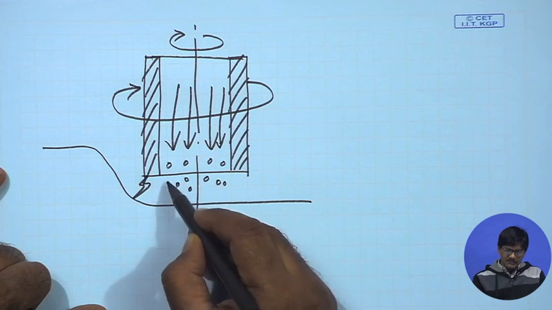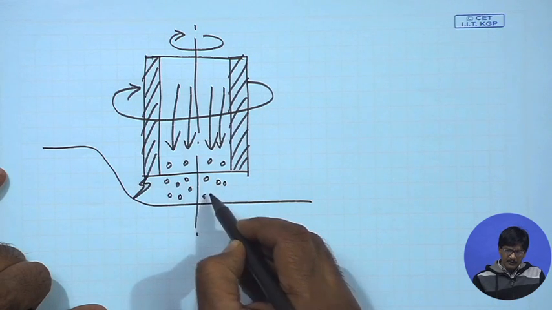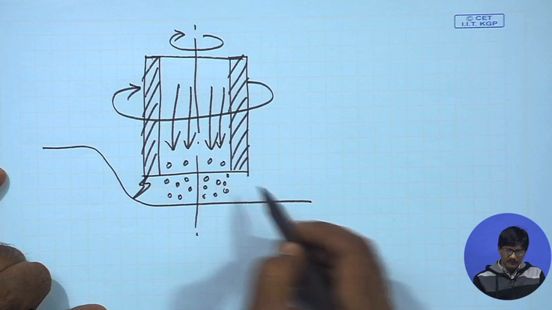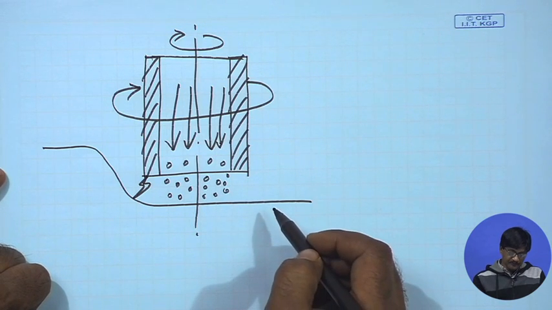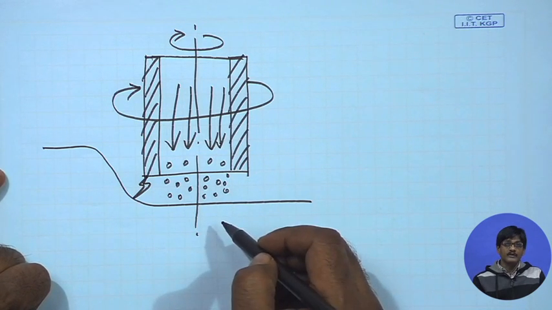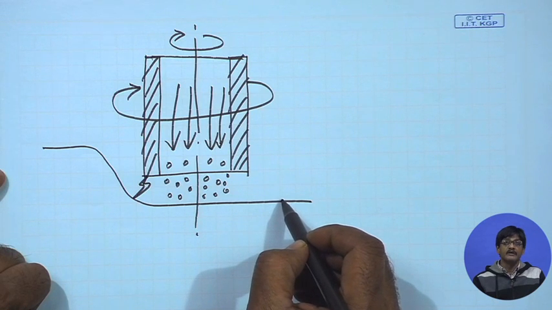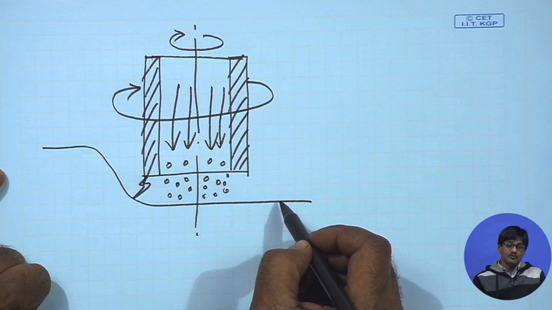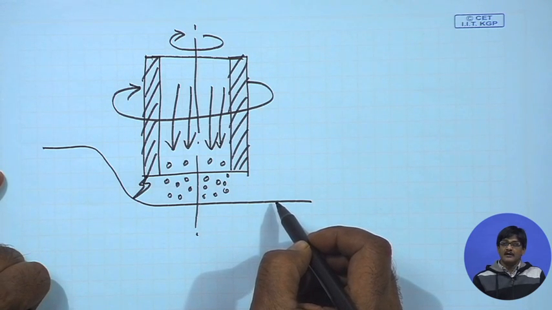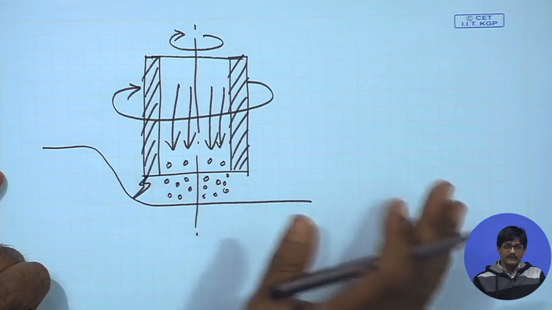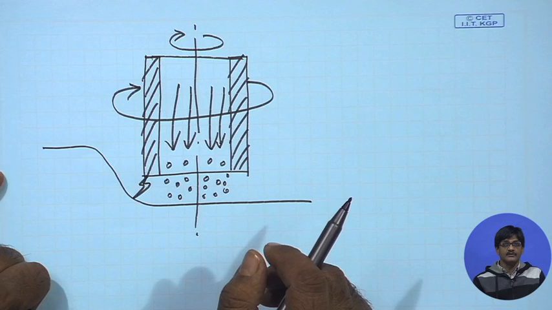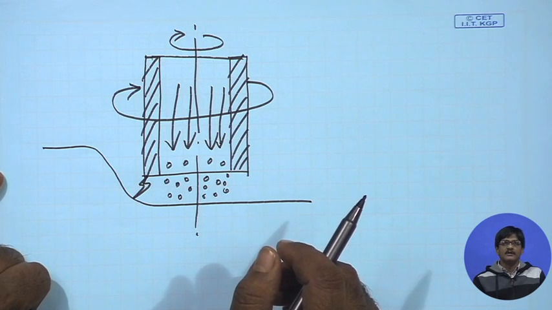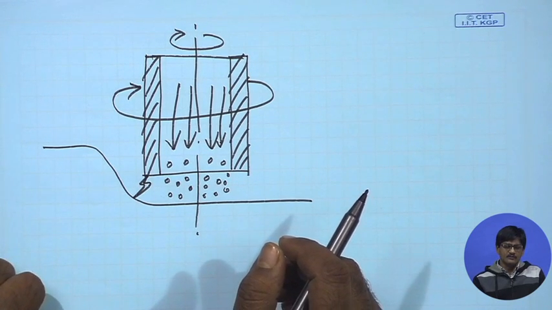There must be some problem with EDM alone, because of which this is being employed. What is that? EDM almost always covers the surface with a recast layer, and if you look at it under the microscope, you will find a lot of cracks and sometimes a complete layer on top of the actual surface, which will detrimentally affect its performance.